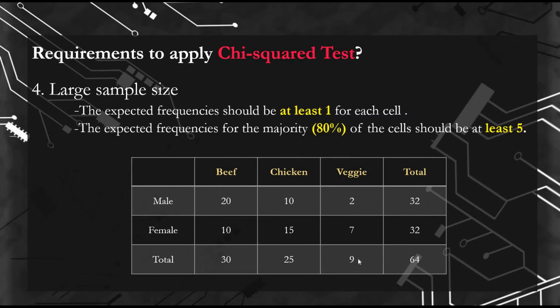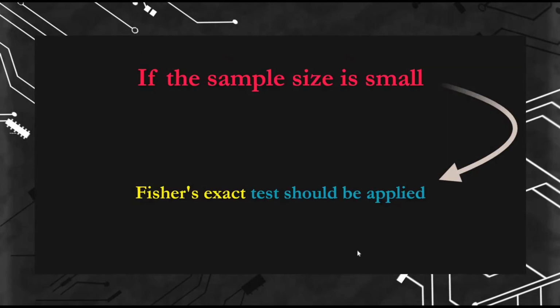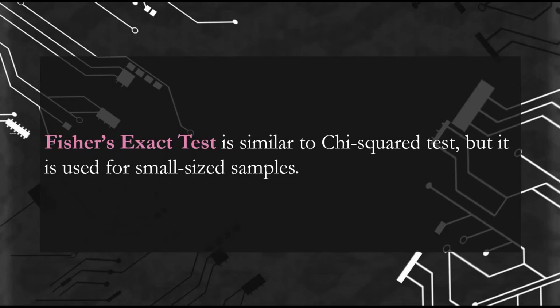So here the majority are more than 5, which is acceptable. We have only one here less than 5, but it's not a problem because the majority are above 5. If the sample size is small, we need to use the Fisher exact test instead of the chi-square test. The Fisher exact test is similar to the chi-square test, but it's used for small sample sizes.